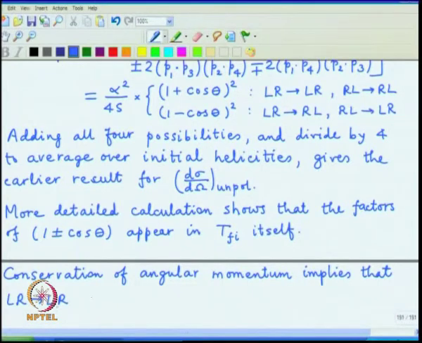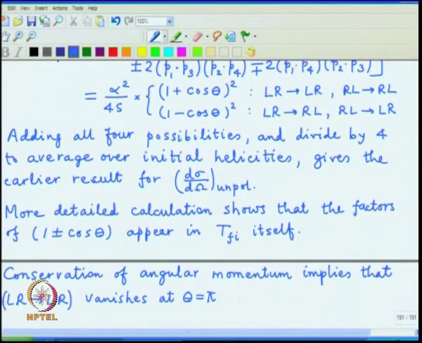But if we look at the situation for theta equal to pi, then the momentum direction is reversed, and since we are looking at helicities here, the angular momentum has to be taken into account, including the direction of momentum, and so this will vanish at theta equal to pi, because the angular momentum will not be conserved.